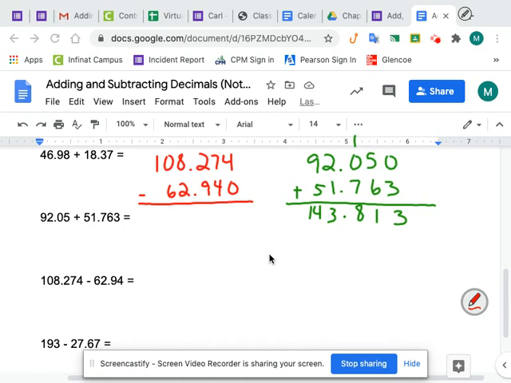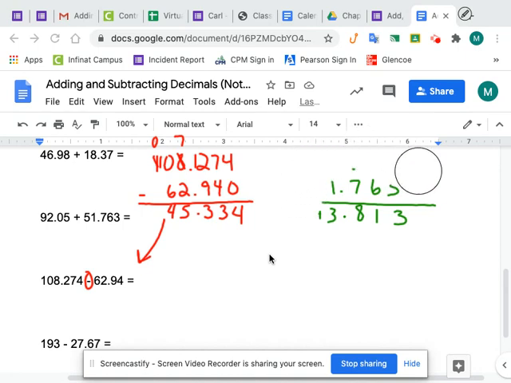And subtracting now, really important that we pay attention to the sign. 4, 3, come over here and borrow. Decimal point straight down. Borrow again. So 45 and 334 thousandths ends up being the correct answer to my third example.